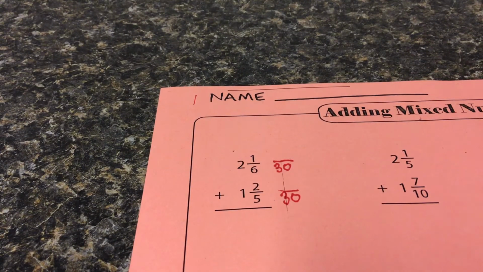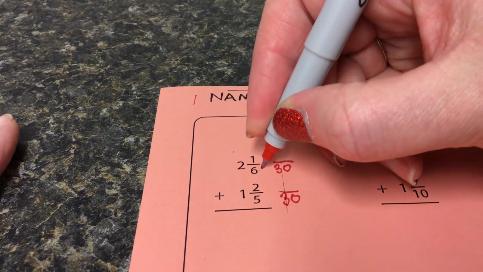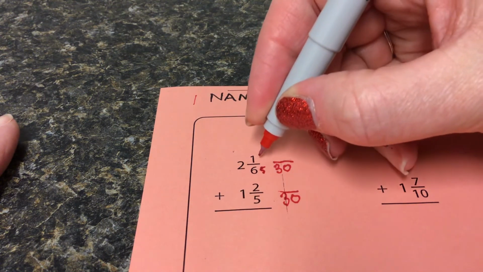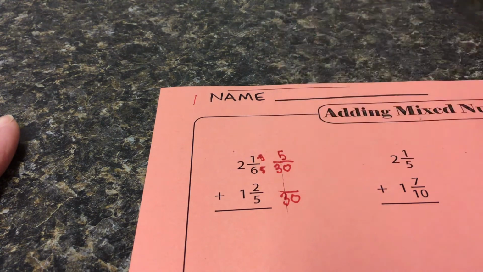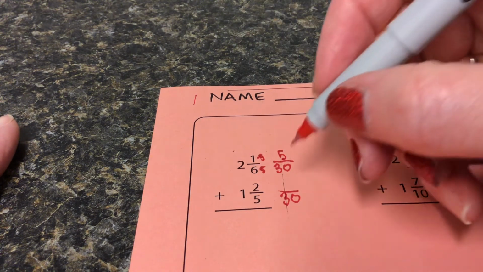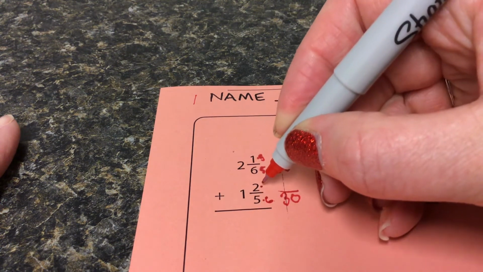And then what we do from there is we look at the multipliers. We need 6 times 5 will give you 30. So you're going to do 1 times 5 to make this a 5 up on top. And then 5 times 6 will give you 30.